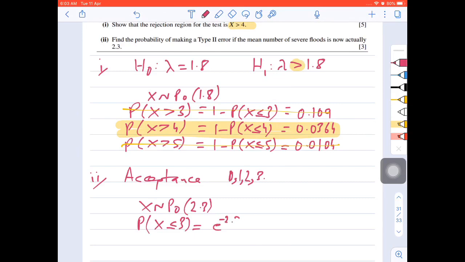e power negative 2.3 times 1 plus 2.3 plus 2.3 square upon 2 plus 2.3 cube upon 3 factorial. So e power negative 2.3 times this is 0.799.